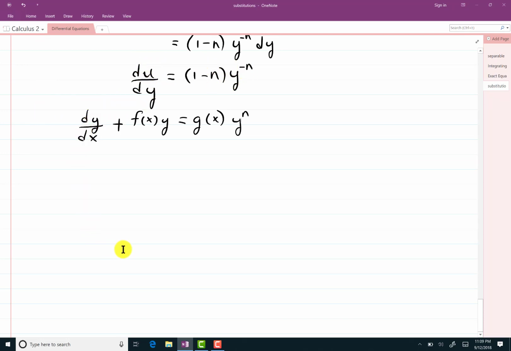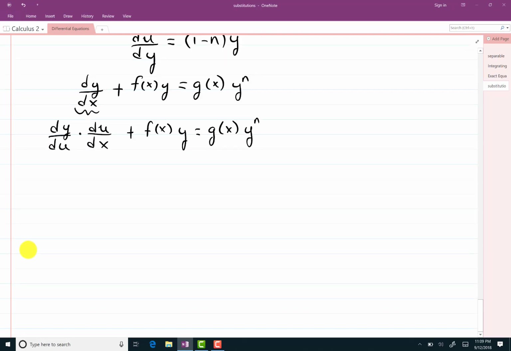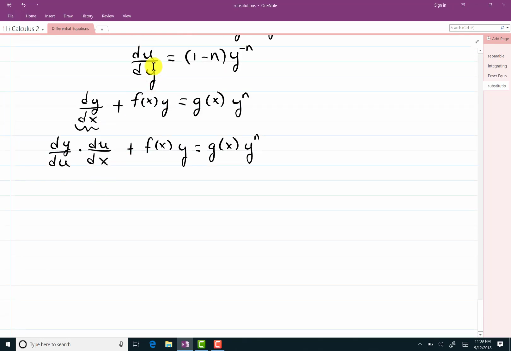And then what I'm going to do is put this thing in here. You'll recall that this part right here, the dy over dx, can be rewritten as dy divided by du times du over dx. That's the chain rule. Plus f of x times y equals g of x y to the n. Now, over here where I have du over dy equals that stuff, I actually wanted the upside down version of it.